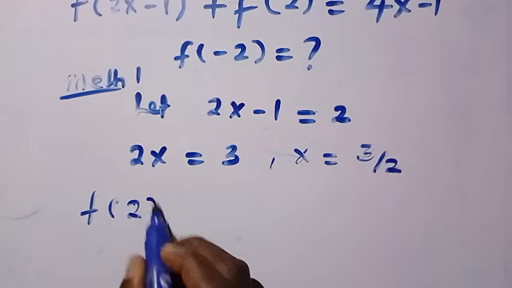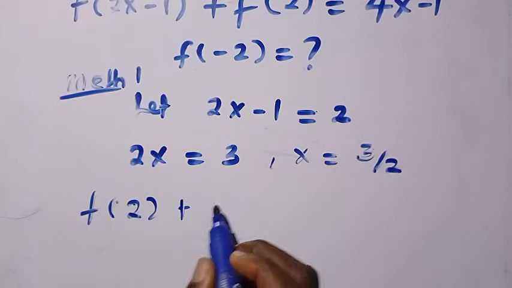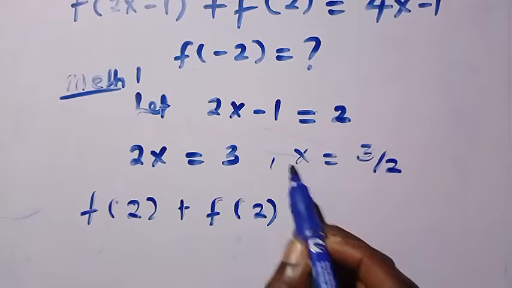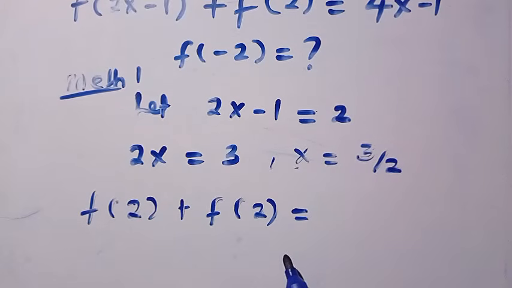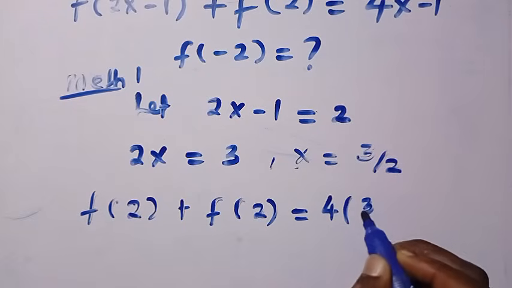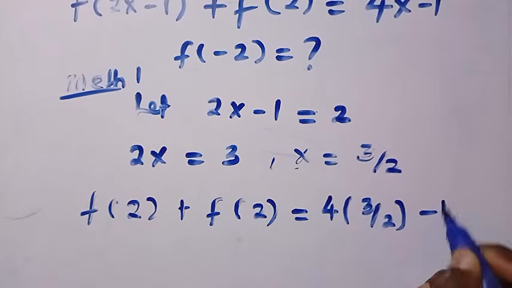Let's just call this one f of 2 plus this is also f of 2 equals, where x is given as 3 over 2 for 4x minus 1. We have 4 into bracket of 3 over 2 minus 1.